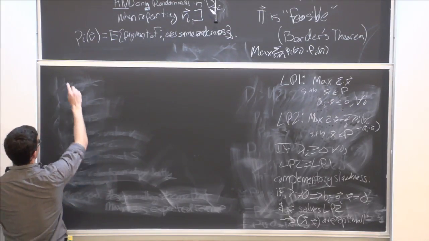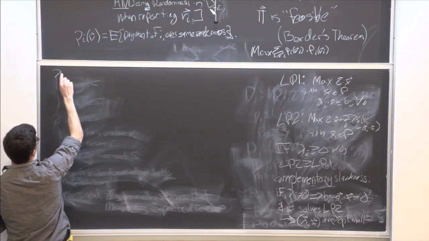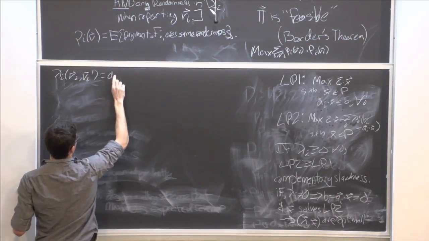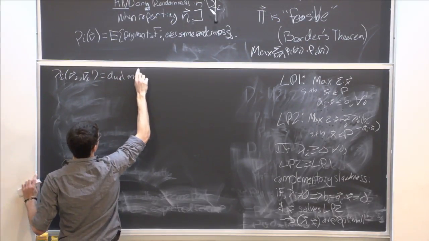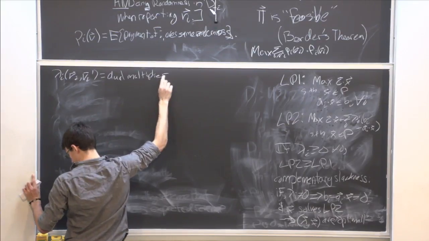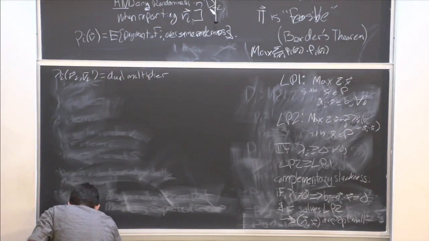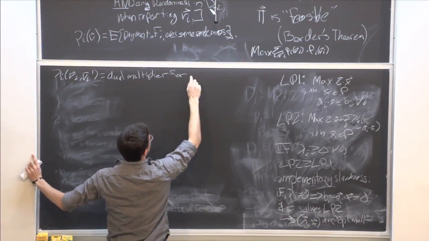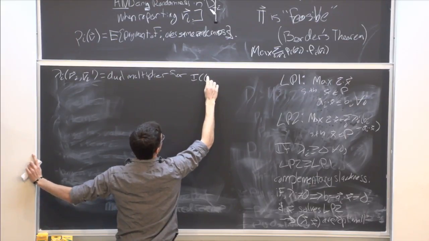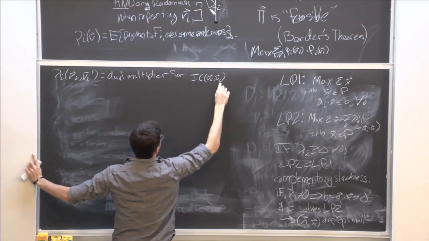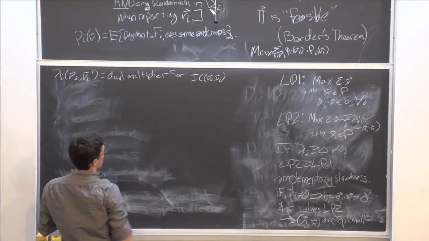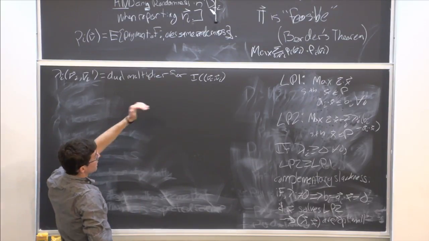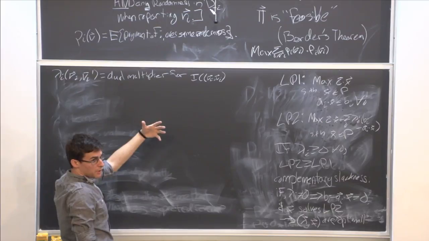So I want to use this notation, lambda_i(v_i, v_i prime), and this is going to be the dual multiplier for the IC constraint that says that v_i does not prefer to say v_i prime when it's bidder i.